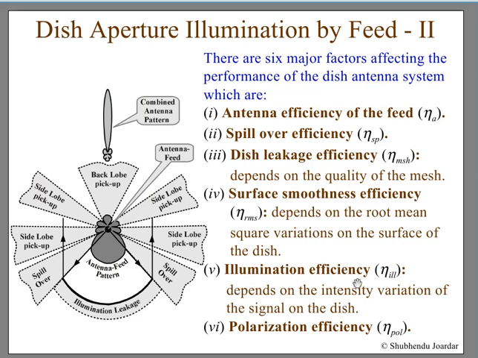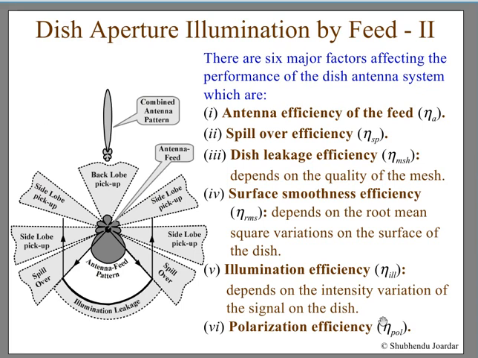Then you have the illumination efficiency, eta illumination. This relates to the intensity variation of the signal on the dish. So what we just now explained. And this one is polarization efficiency.